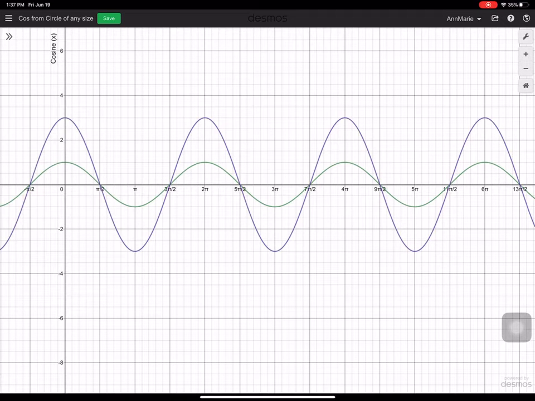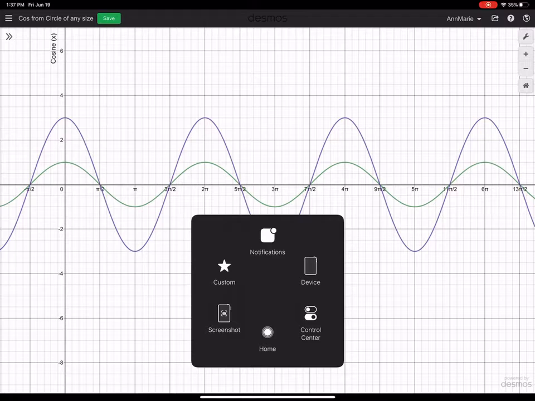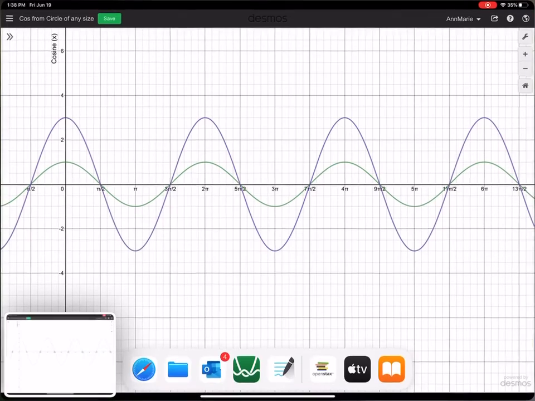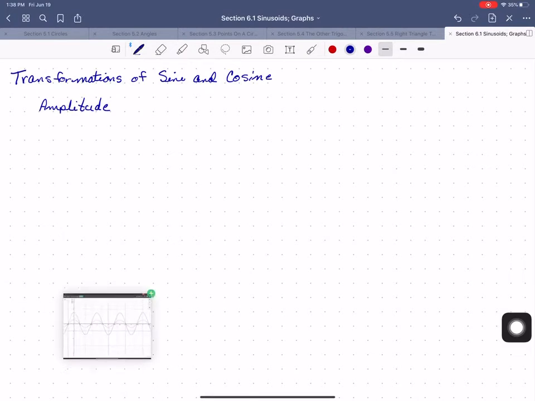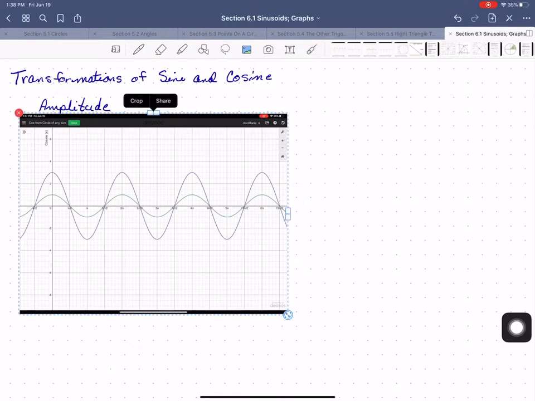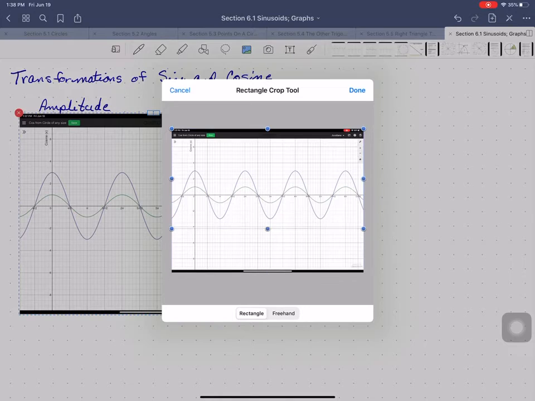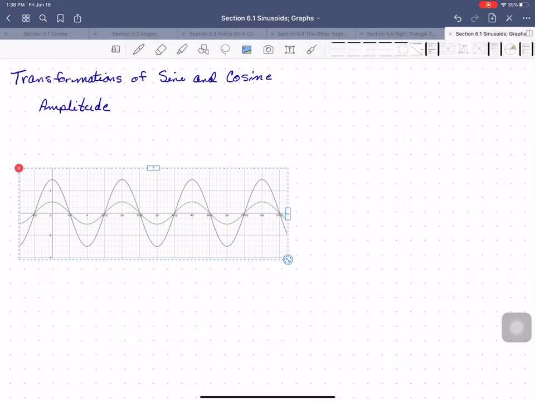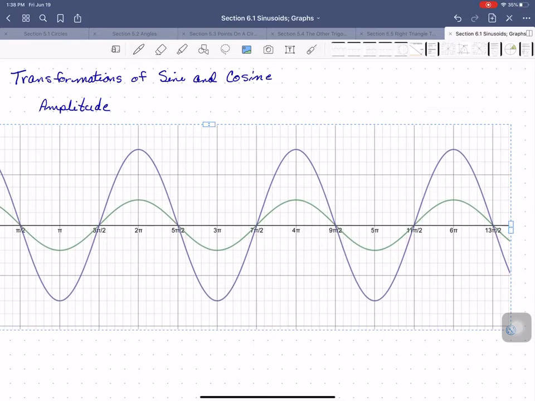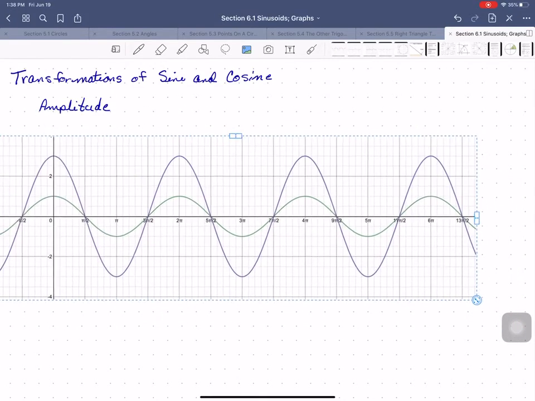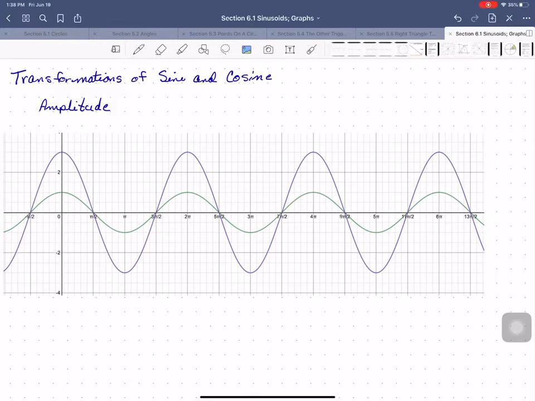Notice they still have the same period. So these two functions still have the same period. The green curve is y equals cosine x.